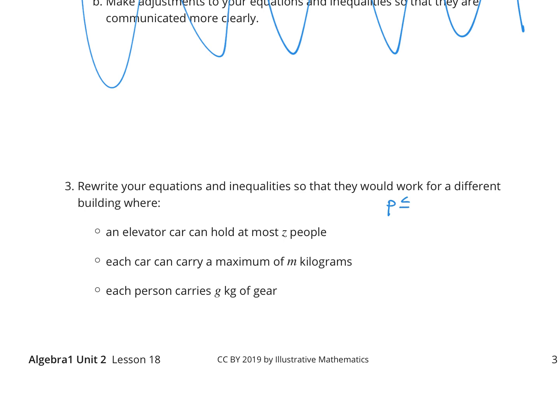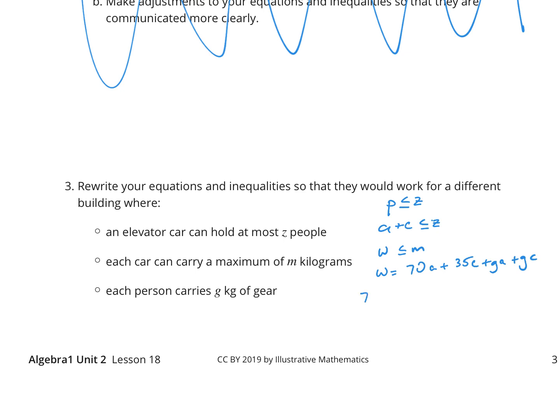So P is going to be less than or equal to Z. A plus C is going to be less than or equal to Z. W is going to be less than or equal to M. You could also have W is equal to 70A plus 35C plus GA plus GC.